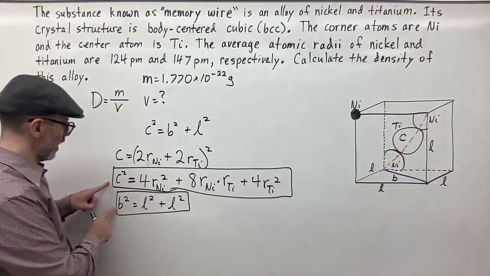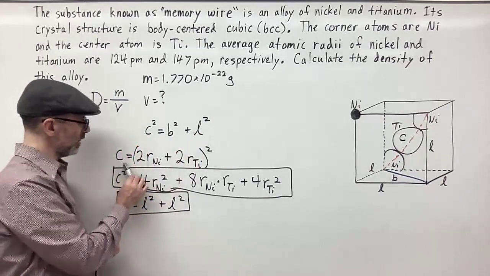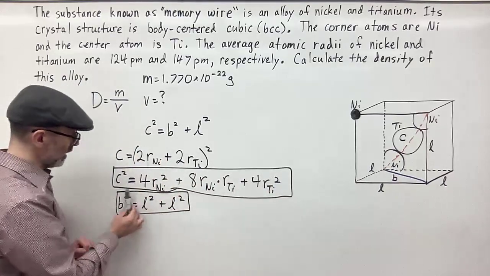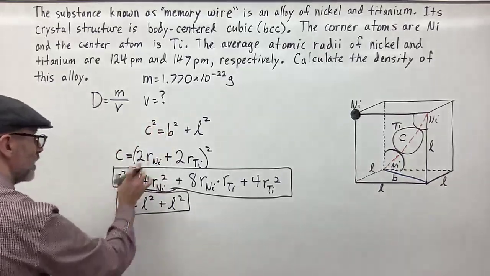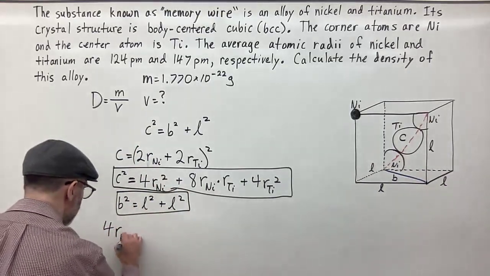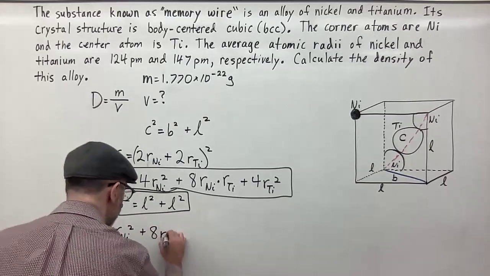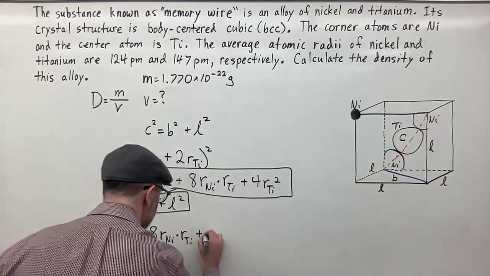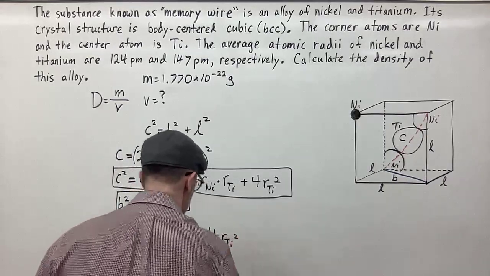So we have c squared and b squared and L squared. So we can take this, substitute it in for c, and then we can take this and substitute it for b. So let's go ahead and do that. Instead of c squared, we're going to have 4 radius of the nickel squared plus 8 radius of the nickel times radius of the titanium plus 4 times the radius of the titanium squared.